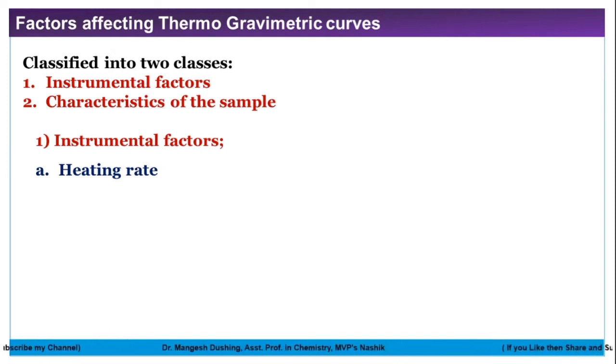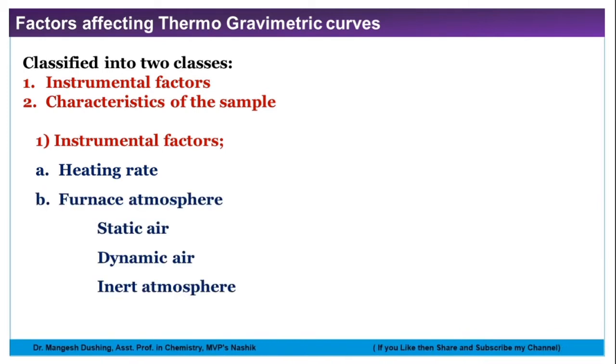For example, polystyrene decomposes at 394 degrees Celsius when it is heated at the rate of 5 degrees Celsius per minute, and it decomposes at 375 degrees Celsius, which is less than 394, when it is heated at the rate of 1 degree Celsius per minute. So the thermogravimetric curve depends upon the heating rate. If it is slower, then the curves will be different.